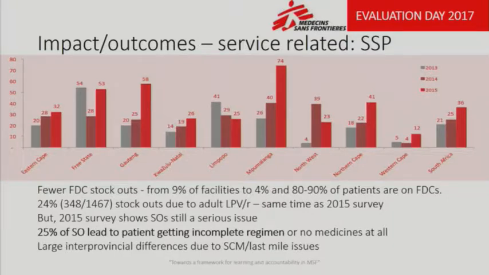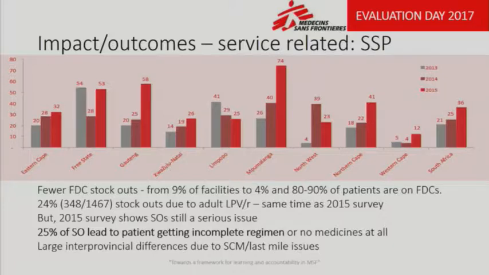But if you drill down a little bit into the details, the picture's not as clear as that. Firstly, the fixed drug combination stockouts have actually decreased from 9% to 4%, and about 80 to 90% of patients are now on fixed drug combination. So you can see that would indicate for the majority of patients it actually got better.